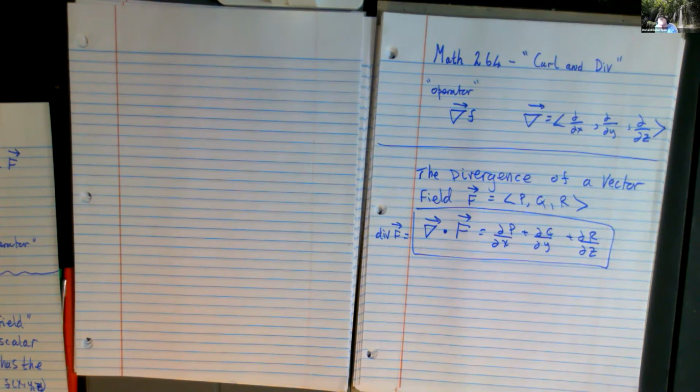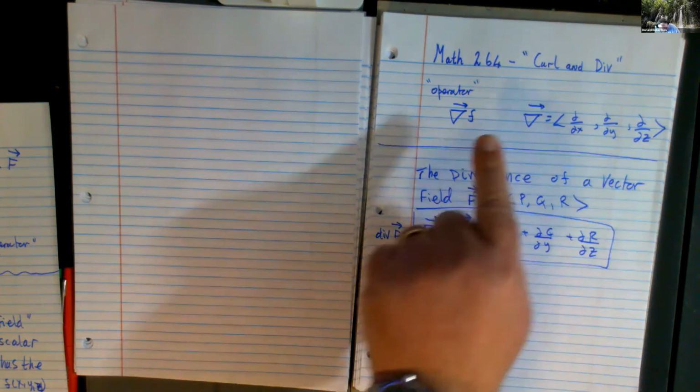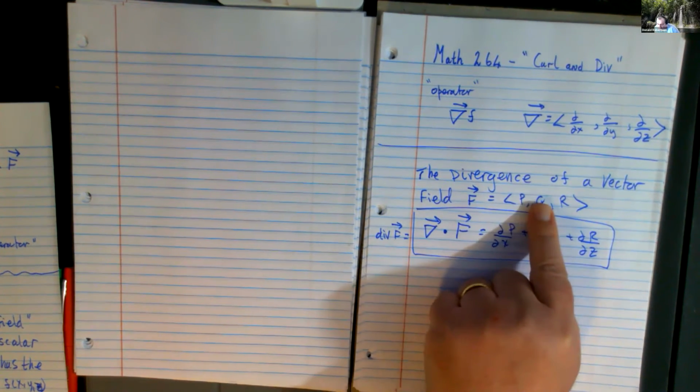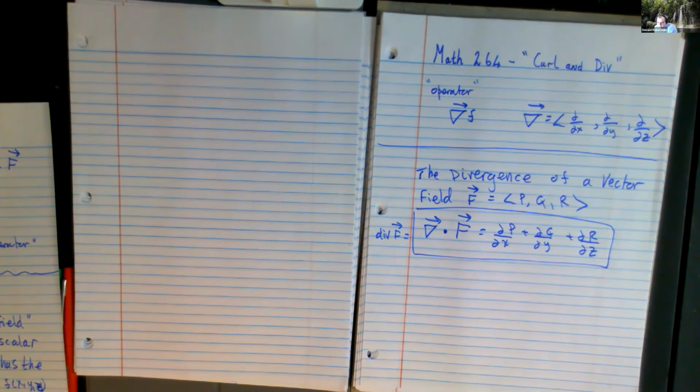Surprisingly simple formula. You thought, based on what these things do, this would be quite a weird and messy one, right? But it's not really, is it? I mean, it's just the partial derivative of P with x, added to the partial derivative of Q with y, added to the partial derivative of R with z.